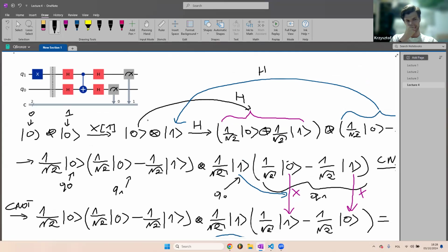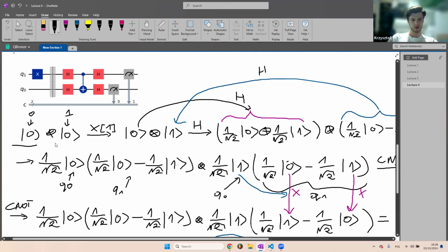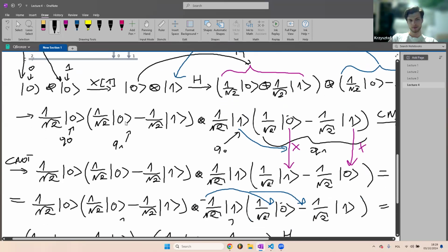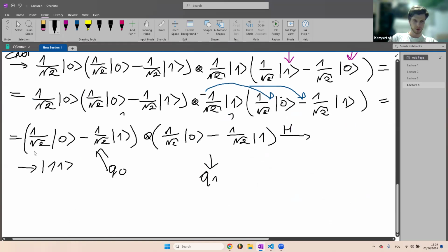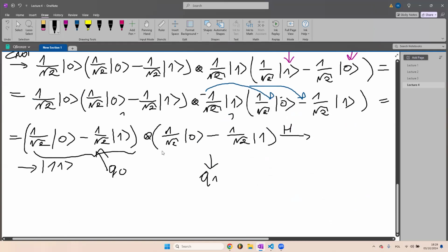Here, I just assume that the first bit is the 0th bit and the second bit is the 1 bit, as you can see here. So you can read from the bottom like this, right? This corresponds to those bits here. And this whole bracket is the state of Q0 and this is the state of Q1.